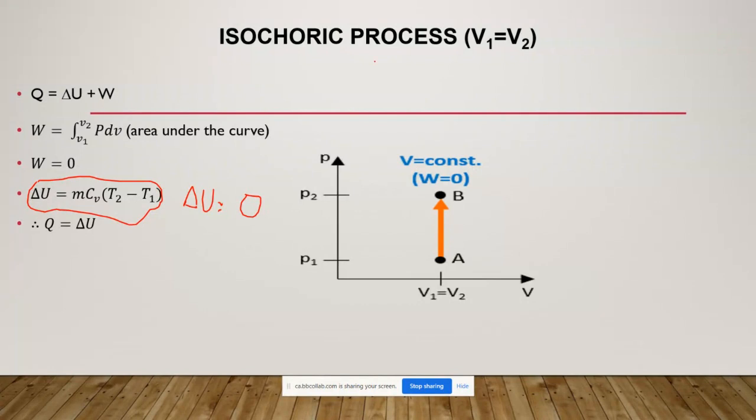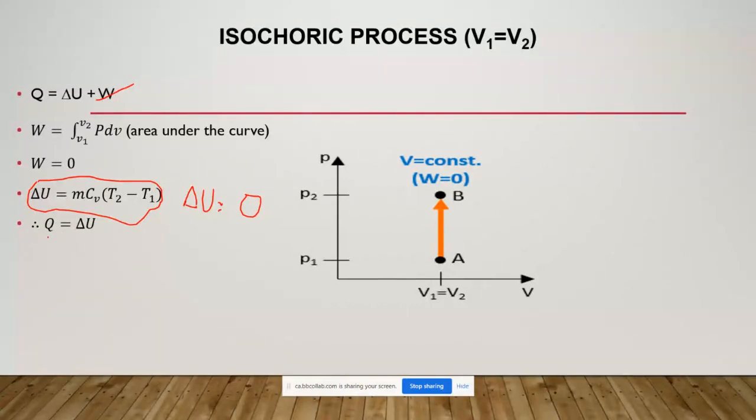So let's start. Q for an isochoric process is delta U plus W. Now, W for this particular process is equal to 0. Why is it 0? Because for each process, work done is the area under the curve. But because this is a straight line, there's no area under the curve, which means that W is equal to 0. Therefore, we can conclude that Q is equal to delta U for an isochoric process.